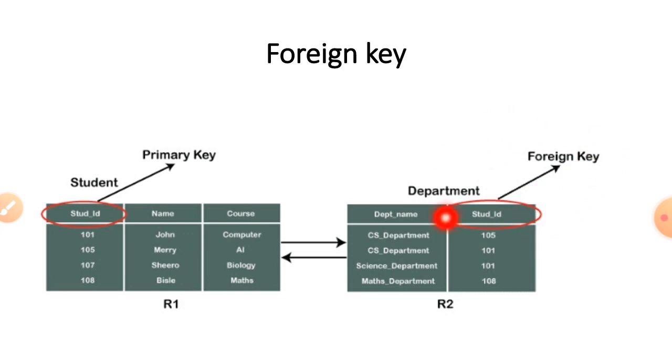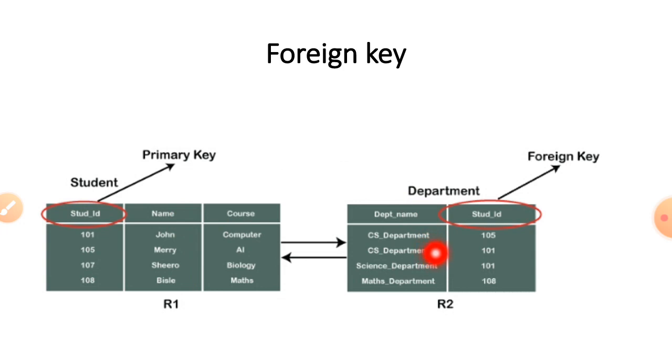So the table with the foreign key is the child table, or dependent table, the table on which the foreign key is applied. This other table is the independent table, or the parent table of this child table. Is that clear? So in this way we establish the relationship between one to one or one to many tables.